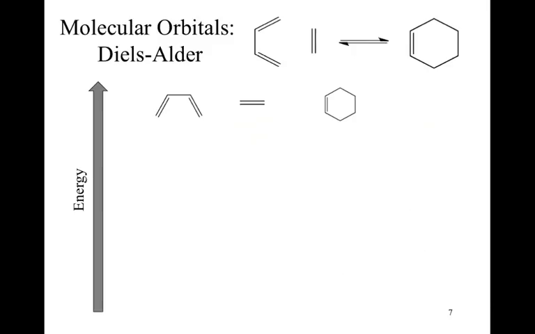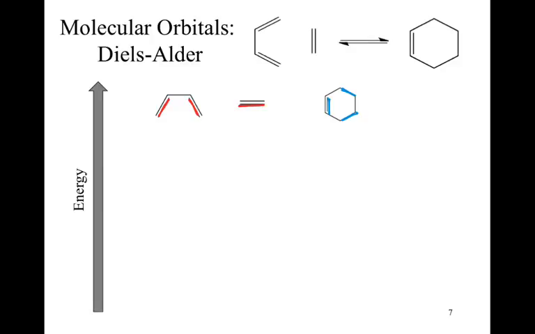So, what does that mean for us with our molecular orbitals for our Diels-Alder, which now looks massively more complicated? Okay, well, if we think back to our reaction, the electrons in this reaction are only coming from our pi system. We are taking pi electrons and we are rearranging those pi electrons into a new pi bond and two new sigma bonds.